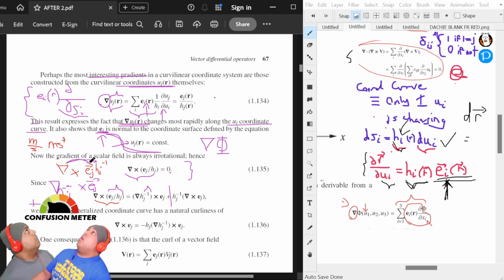Now this goes into this. Maybe it's something like there's a 1 here, there's a 1, and this is like a product rule. Maybe.